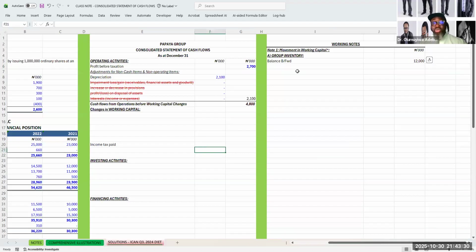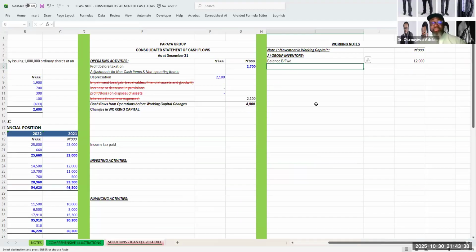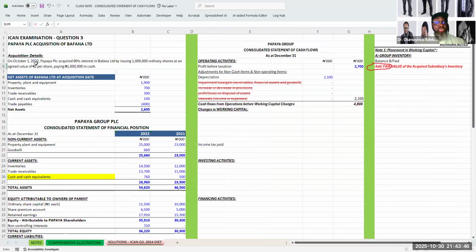And therefore, what am I going to do? I'll use the first approach, and I'll just copy this expression. And I'll come here. All things being equal, what is the addition? As at the date of acquisition, the inventory acquired was 700,000.